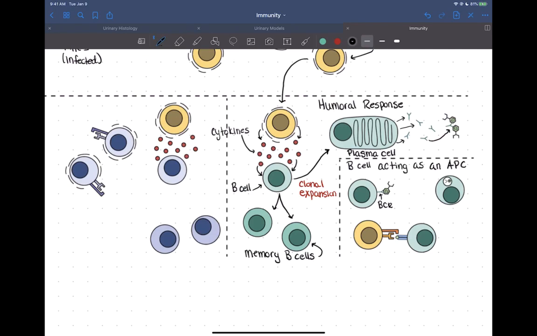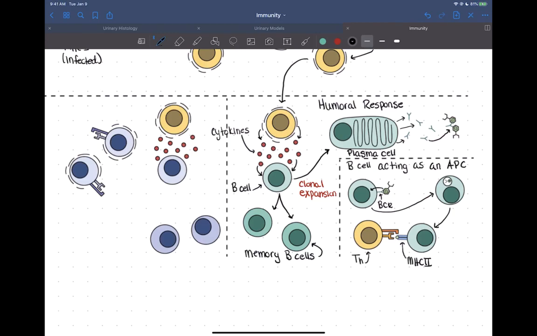And so when it does, it's going to take that virus and it's going to engulf it, right? It's going to phagocytize it and process it just like our other antigen presenting cell we talked about, and then add it to an MHC2. Okay, and so that's our MHC2 with our little antigen from that virus that the B cell just digested, and it's going to take that MHC2 and present it to a T helper cell.